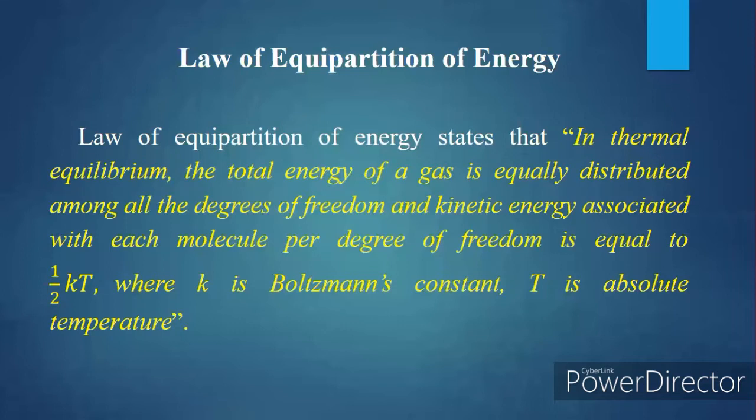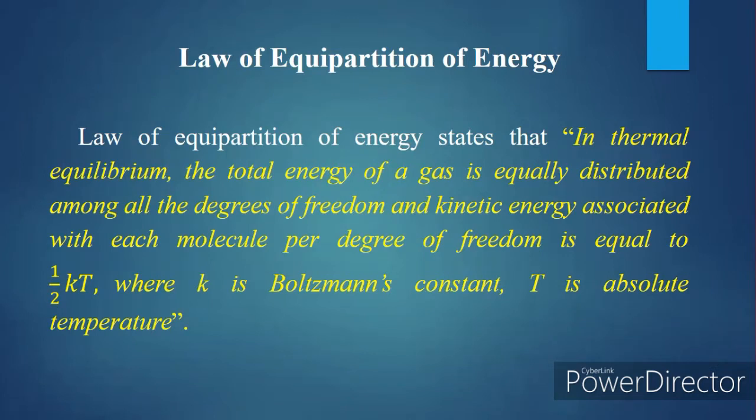So that is one thing. And the kinetic energy associated with each molecule per degree of freedom is equal to half kT. That is the meaning. If it has 1 degree of freedom, the kinetic energy is half kT. If it has 2 degrees of freedom, the kinetic energy is 2 into half kT.